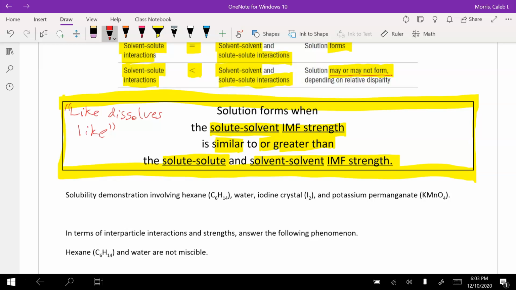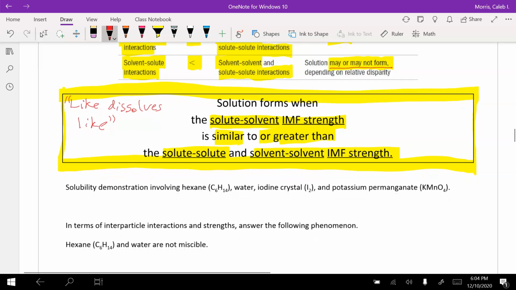So we talk about like dissolves like being polar dissolves in polar, nonpolar dissolves in nonpolar, and that's true. This is kind of giving an explanation behind that and a little bit more specific rules, so to speak, and we can answer some questions that we wouldn't have been able to answer before.